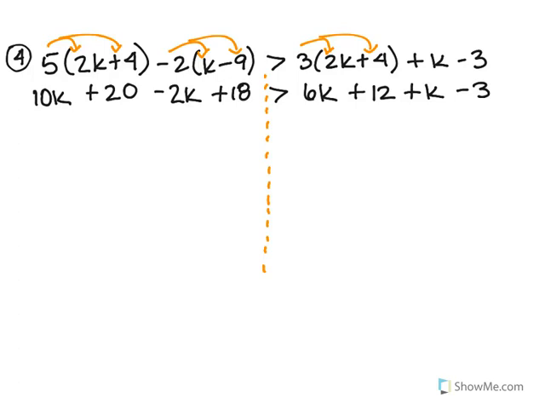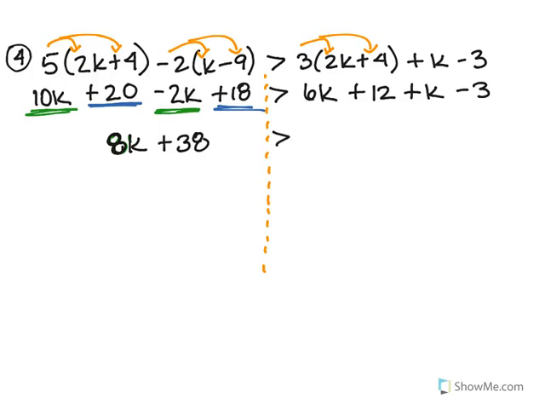And then I'm going to clean it up. So we got 10K minus 2K will give us 8K. And then our whole numbers, we have 20 plus 18 will give us 38.